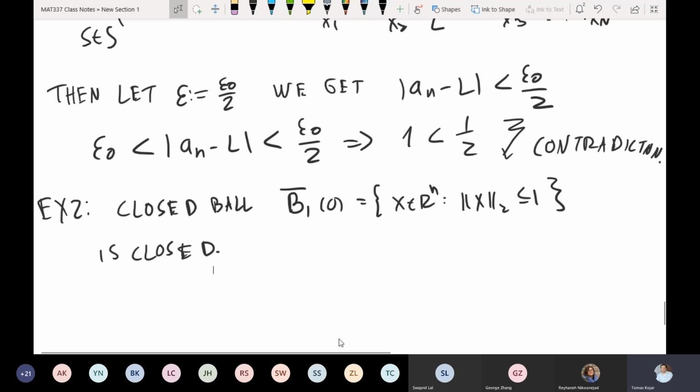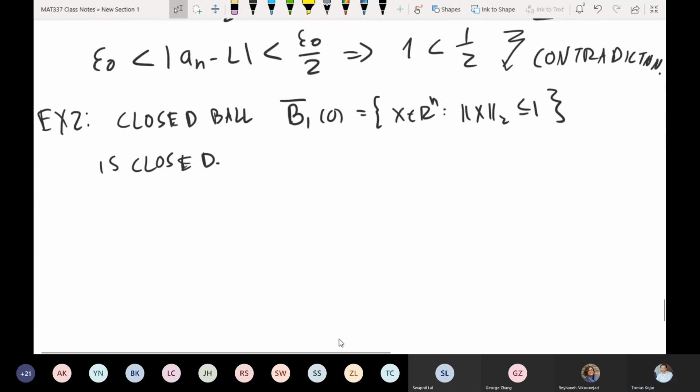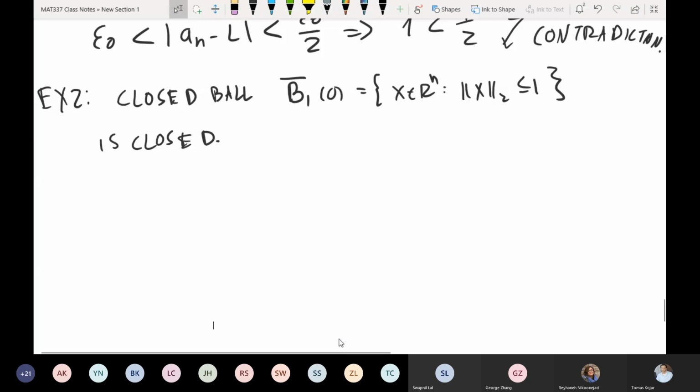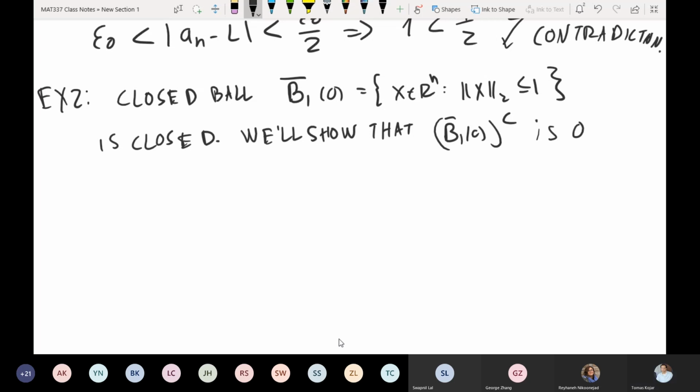Okay, so let's try to prove this. The easier proof is we will show that the complement is open. It's a little bit easier.